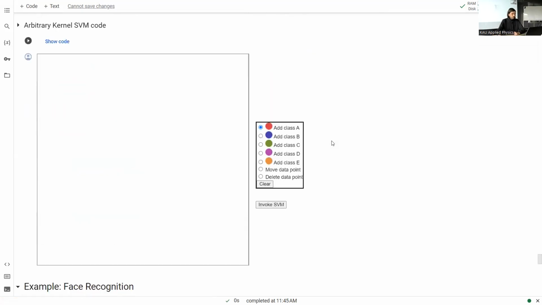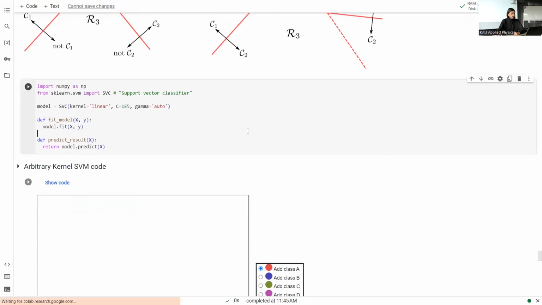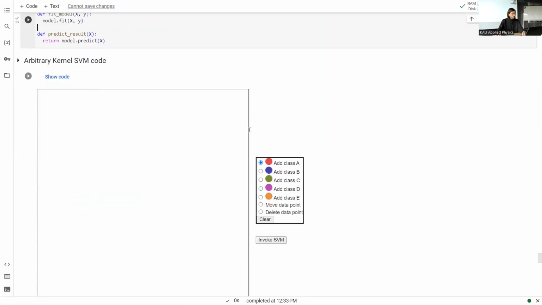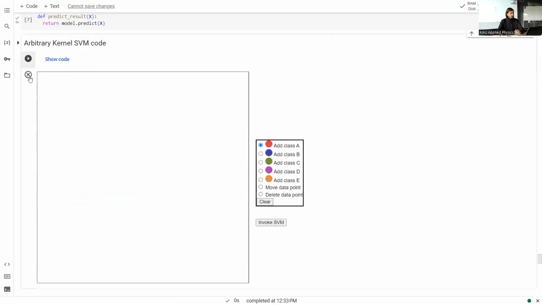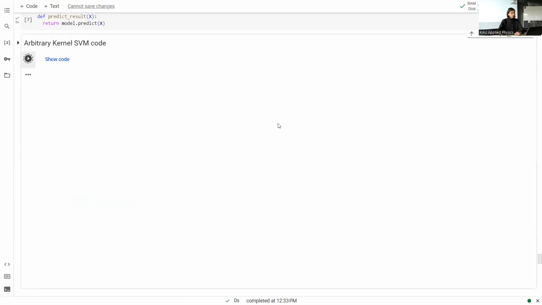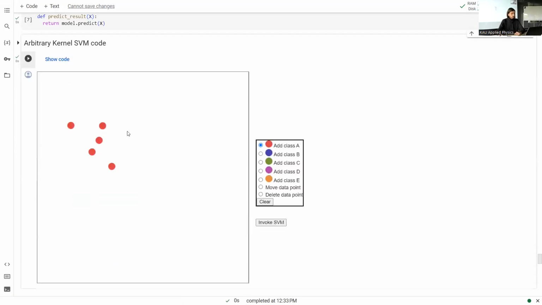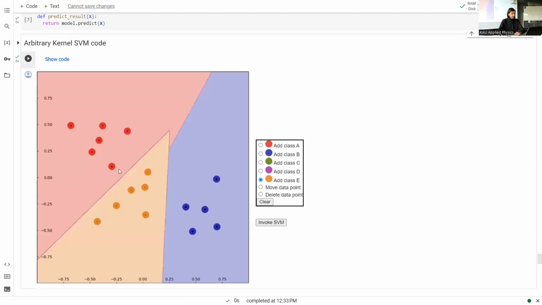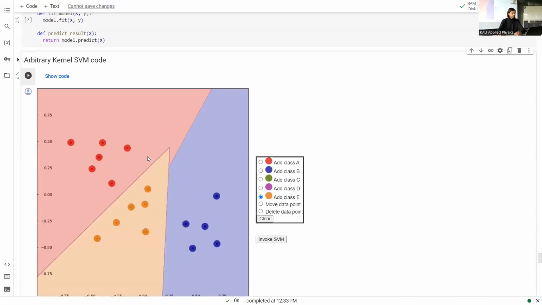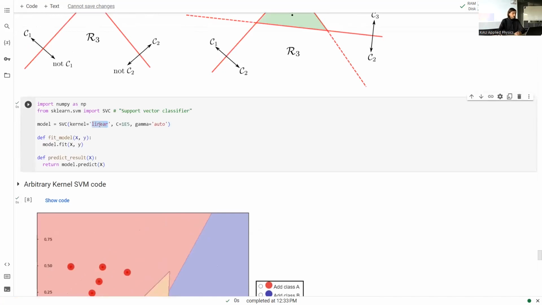And here is the demo for you. That's an SVM with an arbitrary number of classes. You can put more points in here, so you can put points of class 1, class 2, I don't know, class 3, and you can try to classify that. And here is how that classification looks. That's a linear kernel.